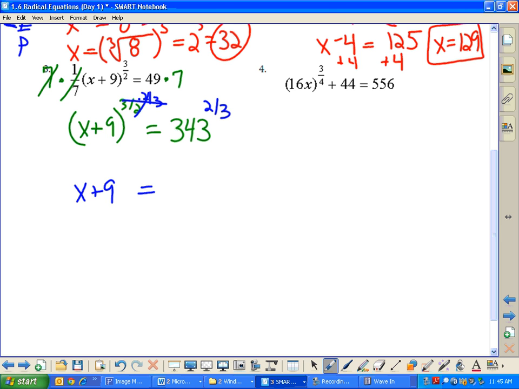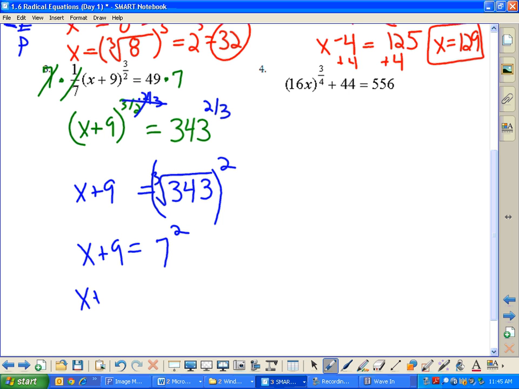And on the right side, we have 343 raised to the 2/3 power, which is the same as cube rooting 343 and then squaring it. Cube root of 343 is 7. And then 7 squared is 49. And then you're almost done. You just have to subtract 9 from both sides. 49, take away 9, is 40. So that's that problem there.